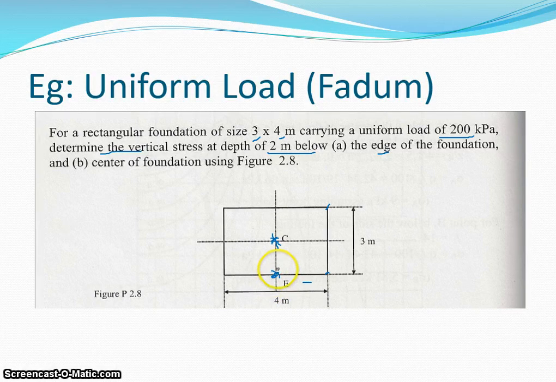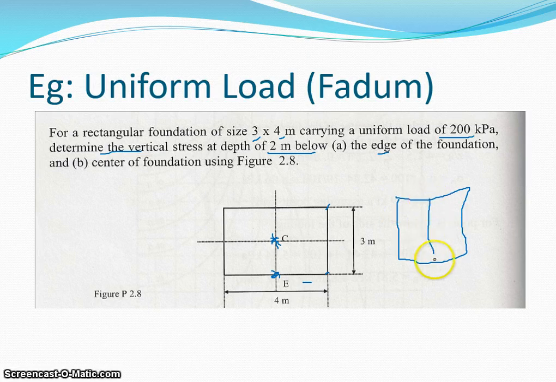So what we have to do is divide the shape into two rectangulars. We have a corner of the first rectangular and another corner of the second rectangular.